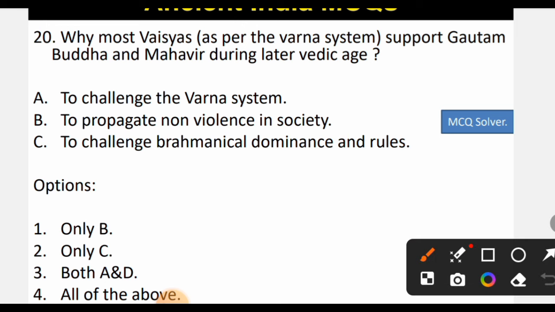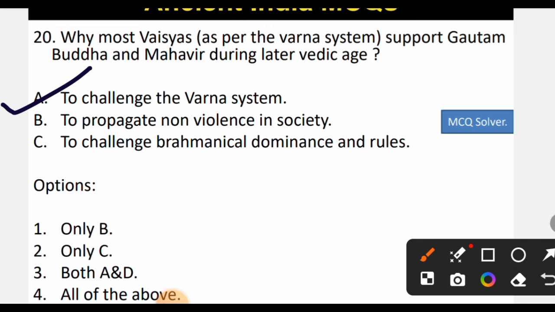When it comes to statement A, it is a correct statement. The Vaisyas were those people who were big farmers, or indulged in business and trading activities. They supported Gautam Buddha and Mahavir because their thoughts and theories challenged the Varna system.